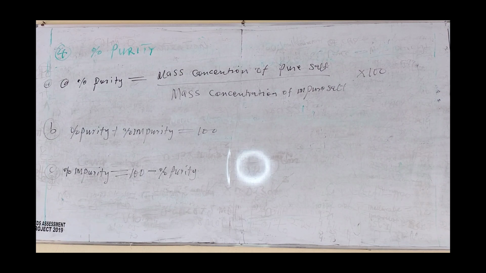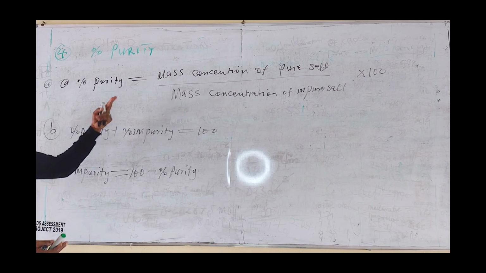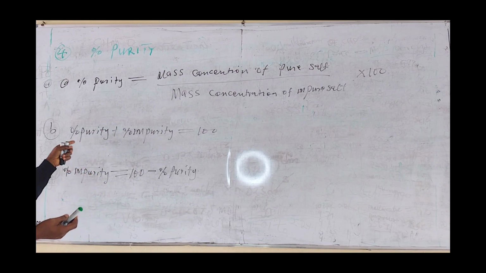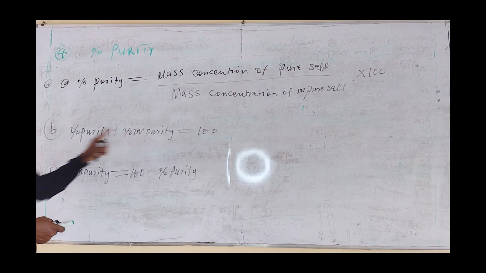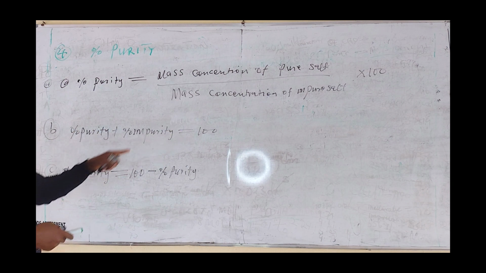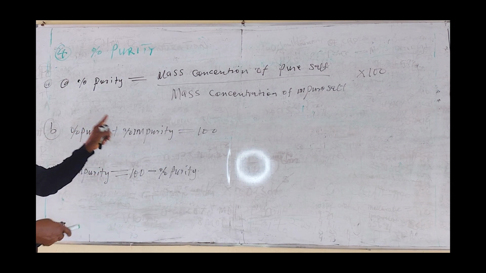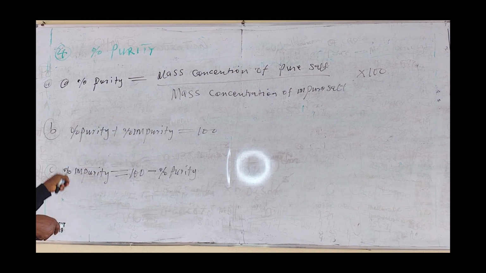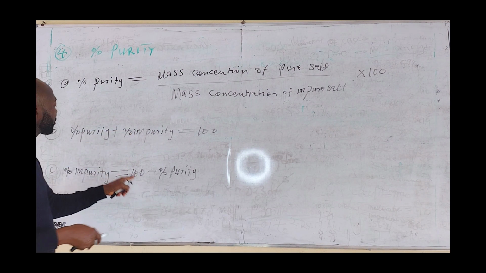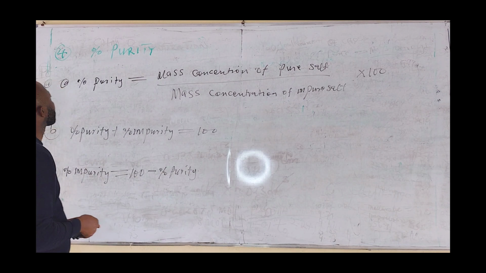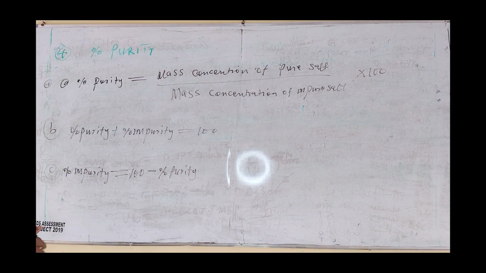So about percentage purity, we have also 3 formulas. You don't forget these ones because with the knowledge of this, you can now get the percentage impurity. If you remember, when you're done calculating for your percentage purity, insert it into this formula here. Purity plus impurity equals to 100. Then you can get your impurity by making impurity the subject of formula, which becomes percentage impurity equals to 100 minus percentage purity. So that is our 4th formula.